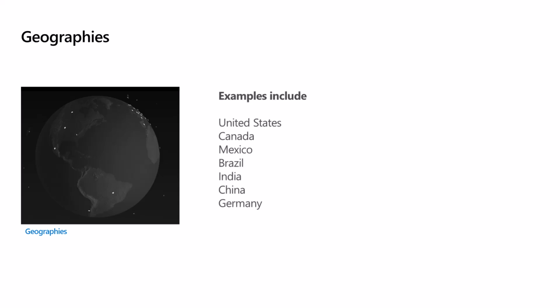An Azure geography preserves data residency and compliance boundaries, allowing customers with data residency and compliance needs to keep their data and applications close. Geographies are fault tolerant and can withstand regional failures and outages. Examples of geographies include the United States, Canada, Mexico, Brazil, India, China, Germany, and more.